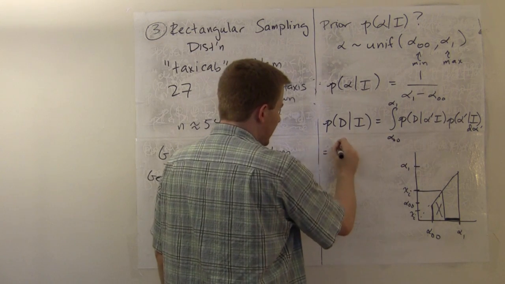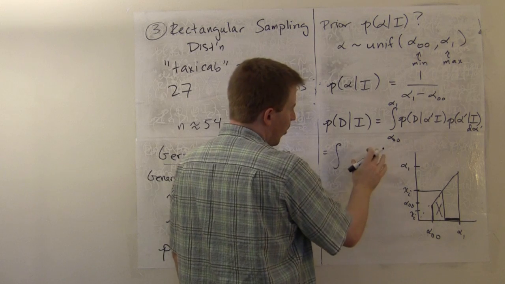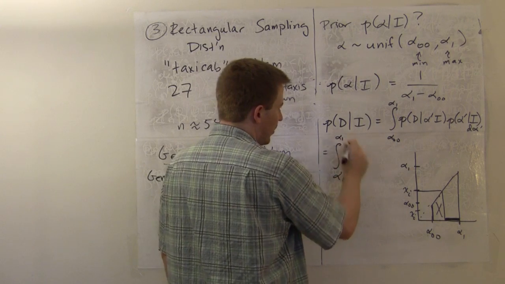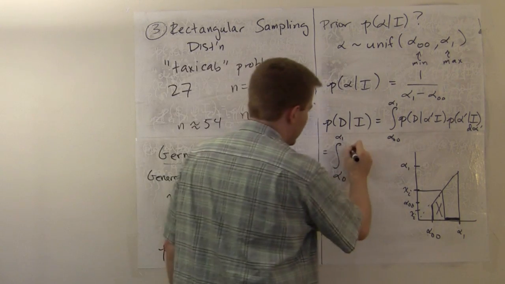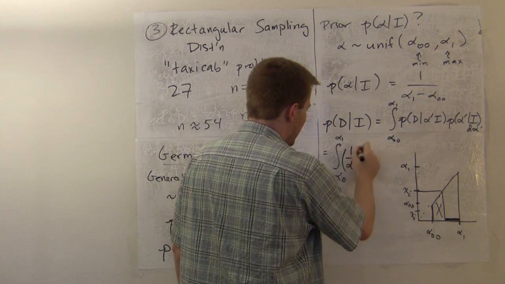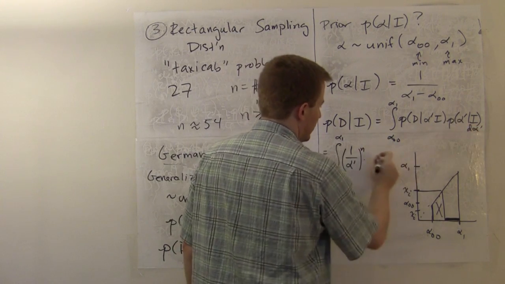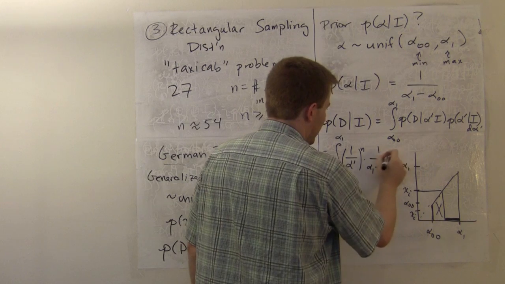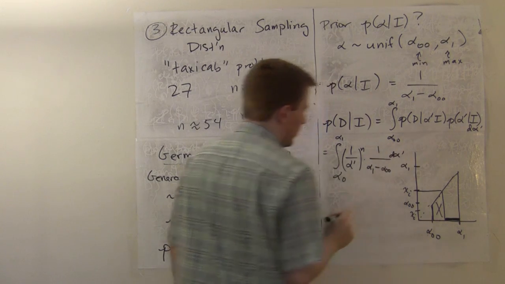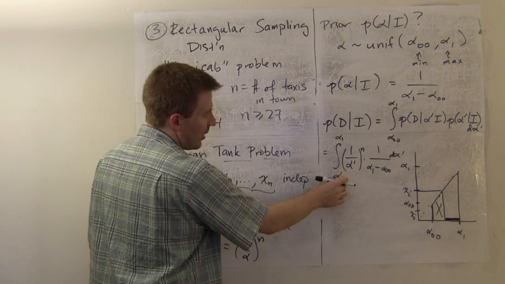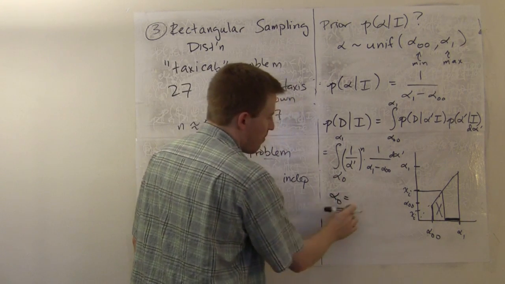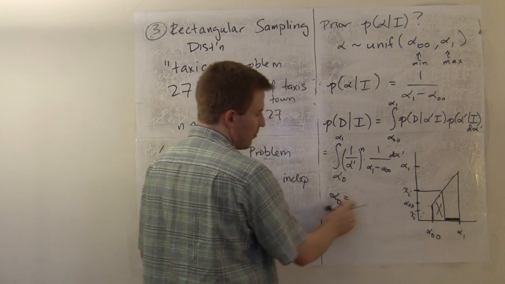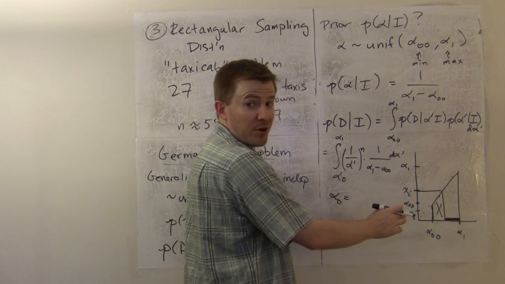So anyway, that ends up being an integral only over a kind of subregion of this, where we'll go from alpha 0 to alpha 1, this data probability, say alpha prime to the n, times this distribution for alpha, which is 1 over alpha 1 minus alpha 0,0, d alpha prime, where we actually only integrate from the minimum possible value of alpha. So basically from the data maximum, or from the starting point if we could get there.